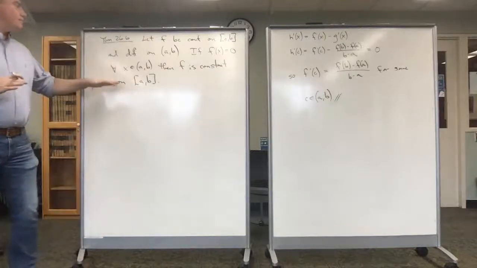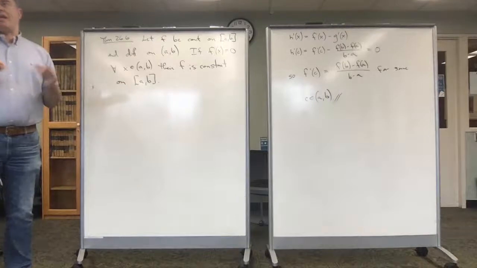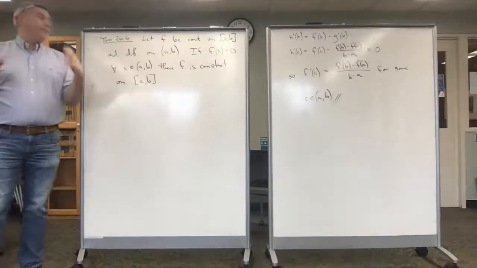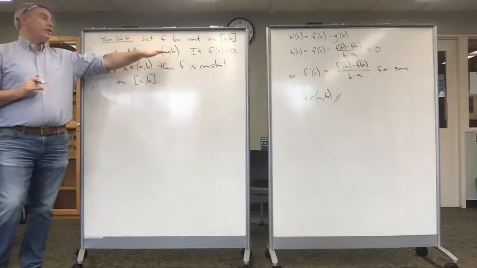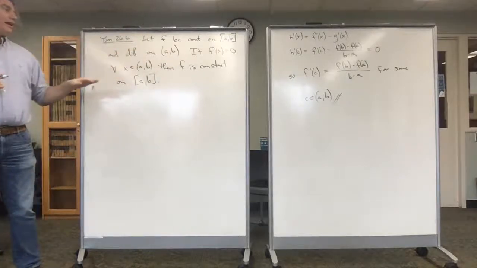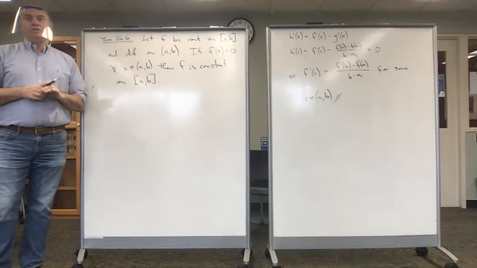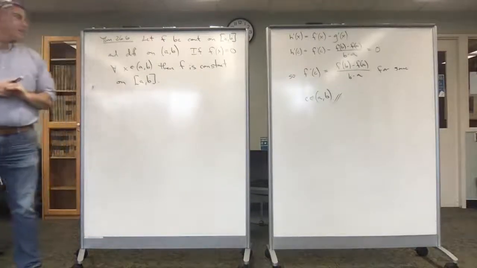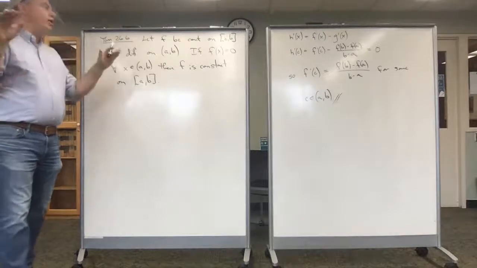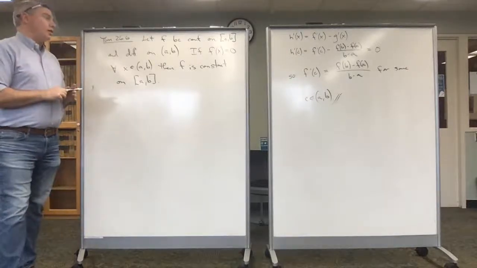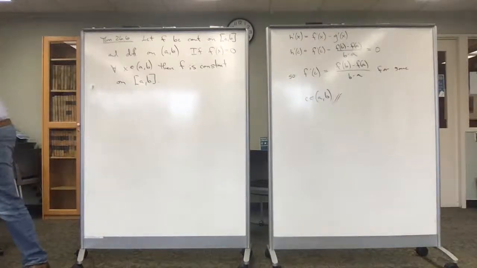What this theorem says is no, that's impossible. The only way that can happen is if the function is constant. Make sense? So if you see that something has a 0 derivative constantly, then that function must be constant.